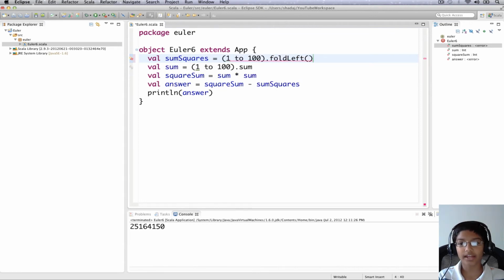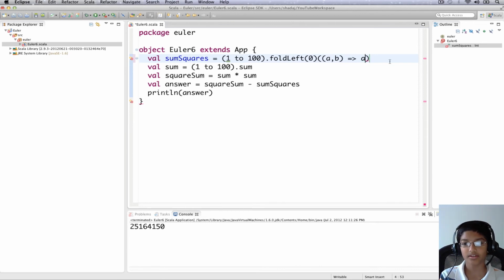We know that in foldLeft we start off with a starting accumulated value, so I'm going to give 0. And then I have my two parameters, a and b, where a is the accumulated value and b is the current value.